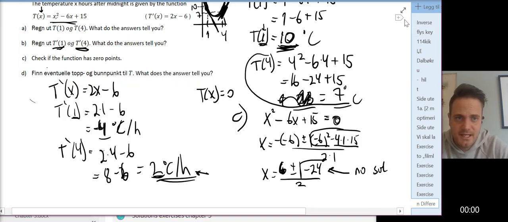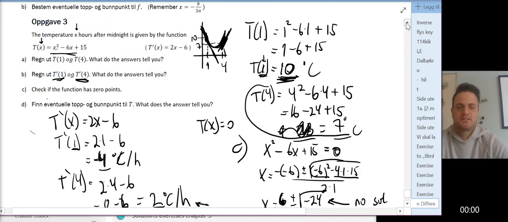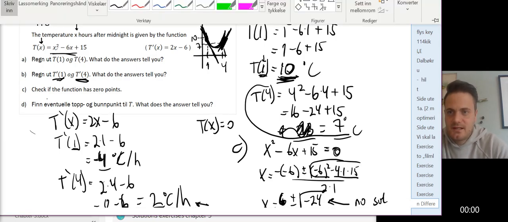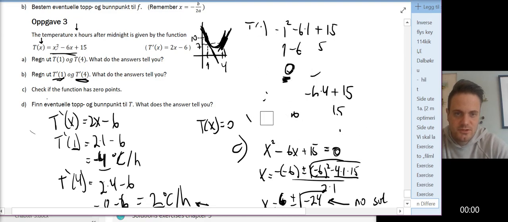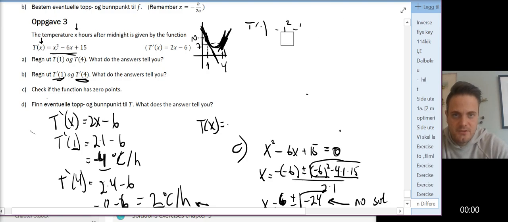And then we should find any maximum or minimum points here. And remember, this is a second degree function, so we don't have to use the derivative. We could use the derivative, of course, put the derivative equal to 0, and then draw sign lines and so on.